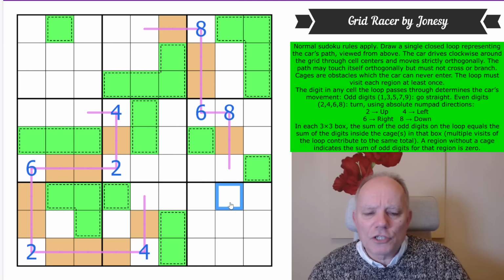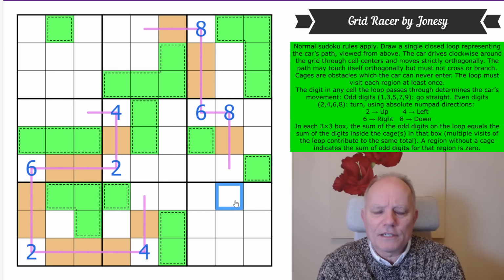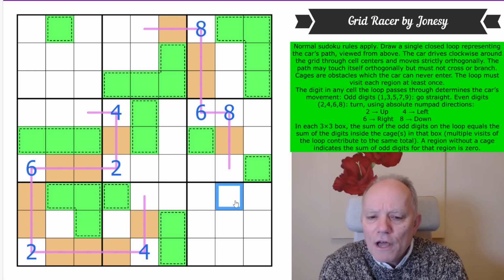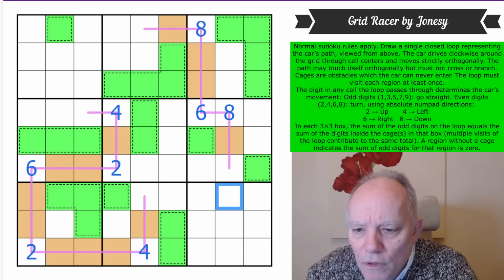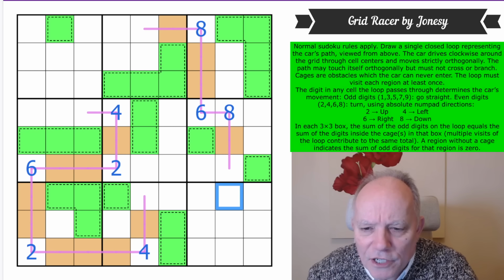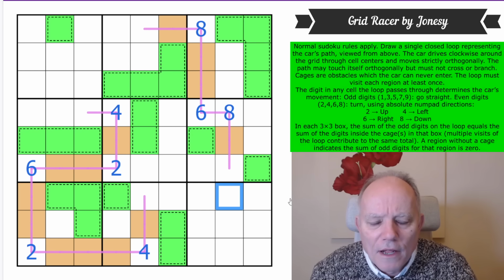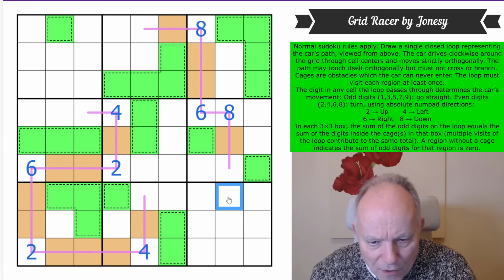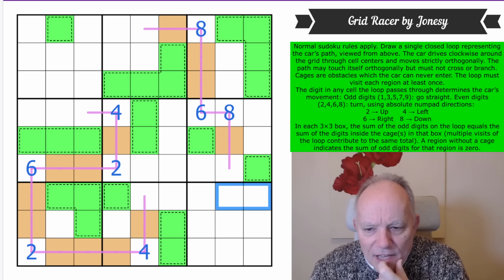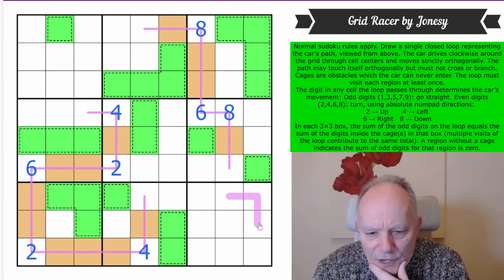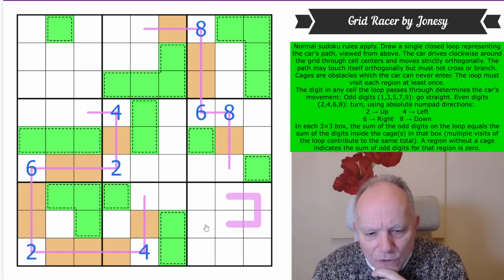Now, we've got this issue about box 9. We have to go into box 9. Oh, but there's no odd digits on the path in it. That was a rule, that a region without a cage indicates the sum of odd digits for that region is 0. There are no odd digits on the path here, so we can't go out here because even if you made the quickest turn there, you'd still have to have an odd digit in that cell.